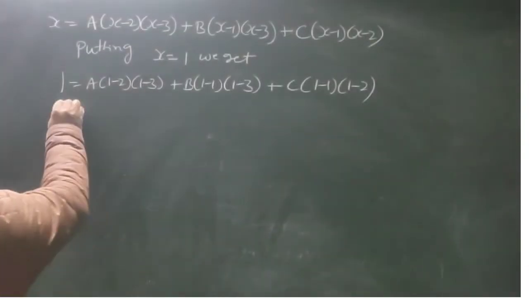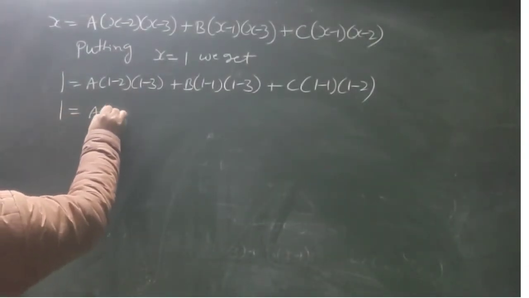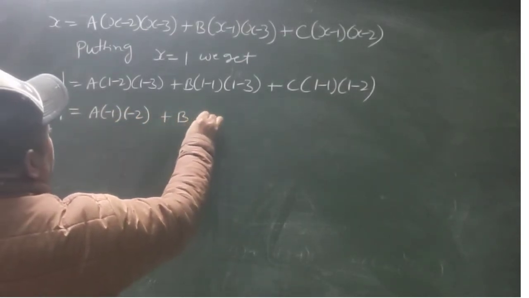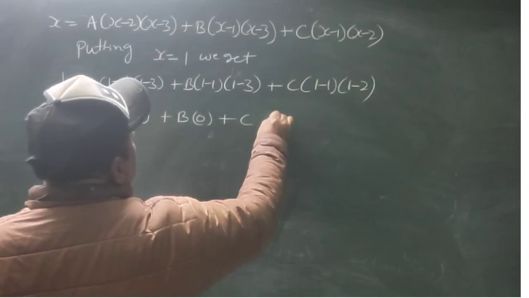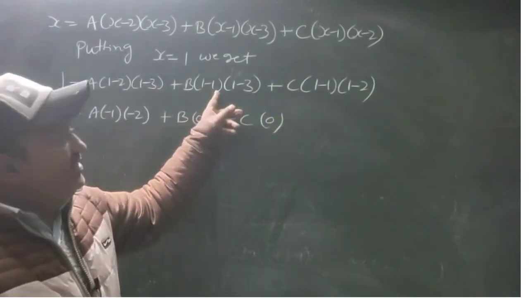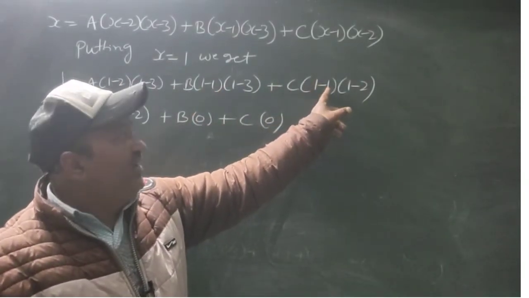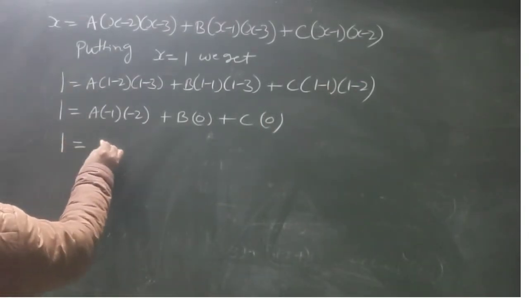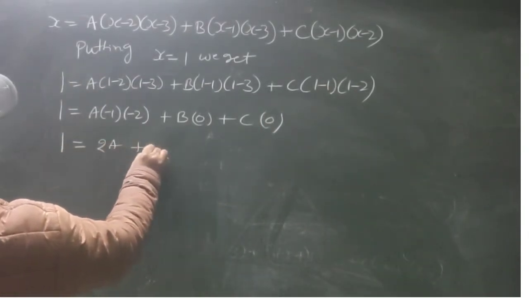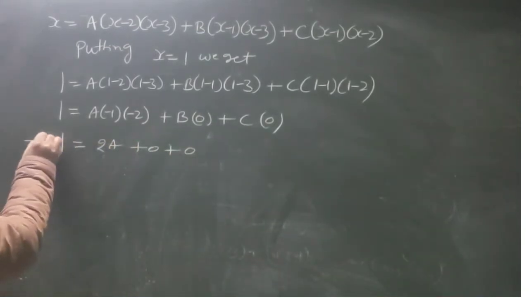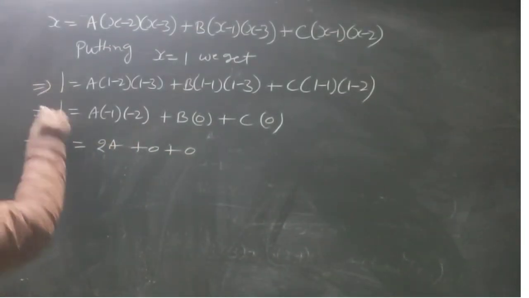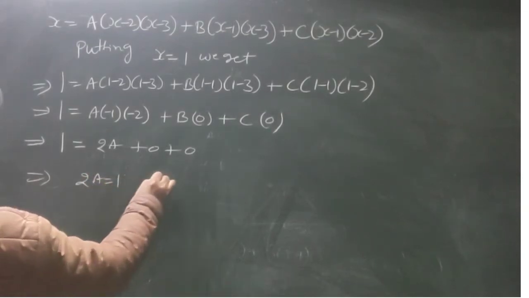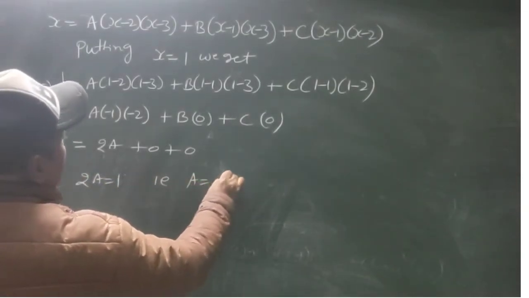We get 1 is equal to A into minus 1 into minus 2 plus B into 0 plus C into 0, because 1 minus 1 is 0, it makes everything 0. 1 is equal to 2A plus 0 plus 0. This implies 2A is equal to 1, and therefore A is equal to 1 by 2.